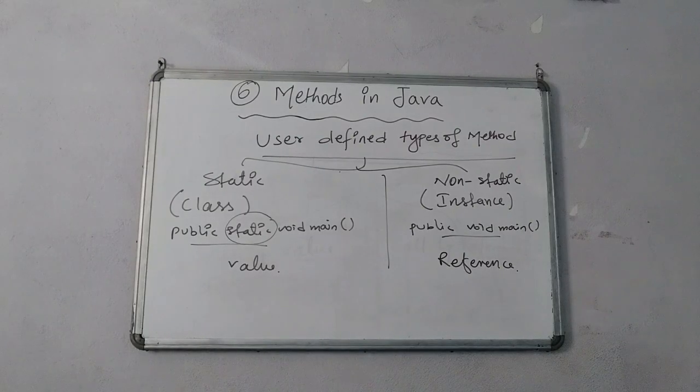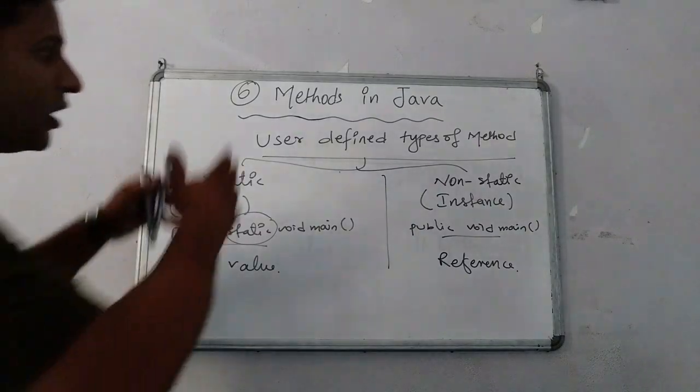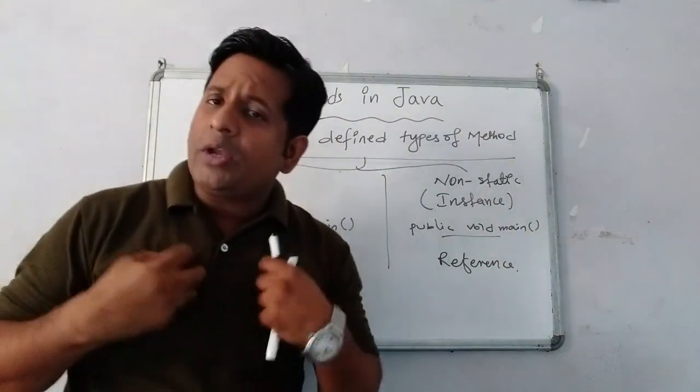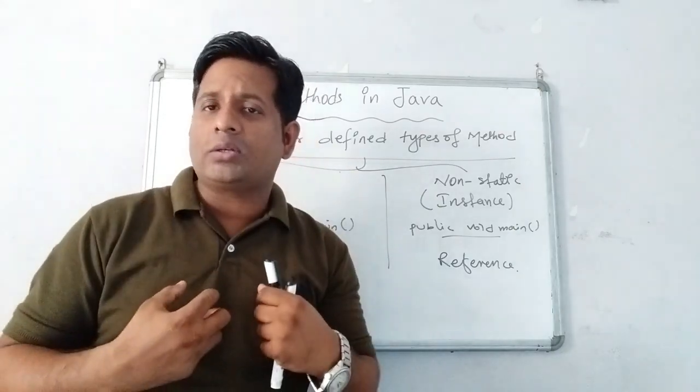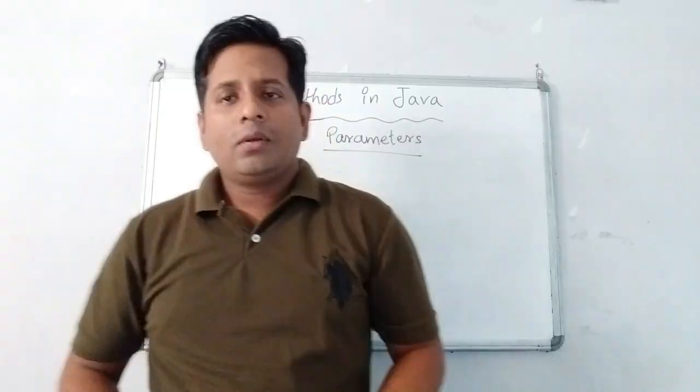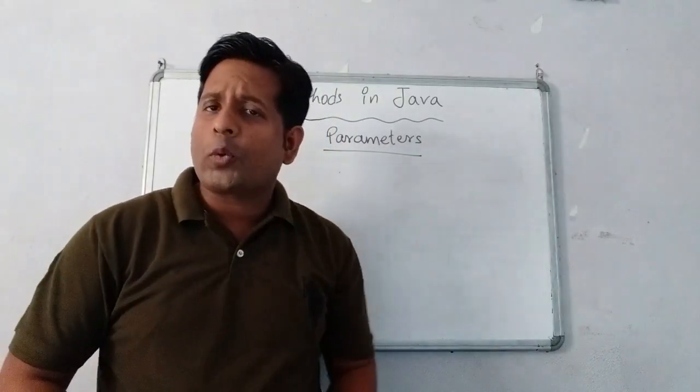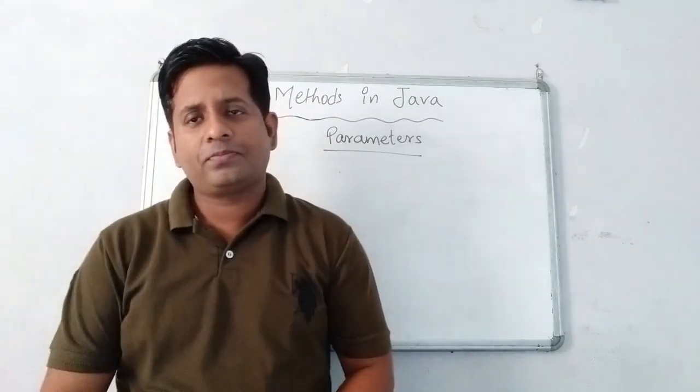When you right click that red icon, you will get the void main. Directly void main is not displayed, whereas in case of static, void main is displayed directly. So these are the two different types of methods which are user defined, which we decide how to write. Is this clear, children?